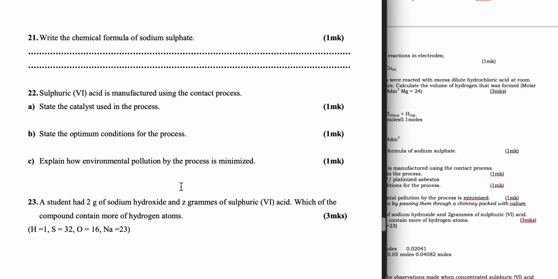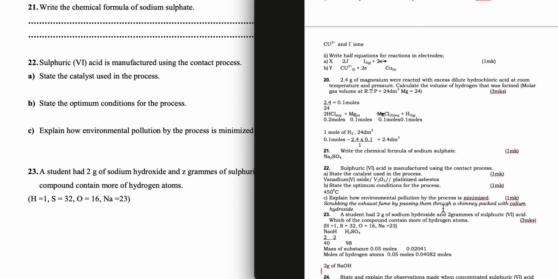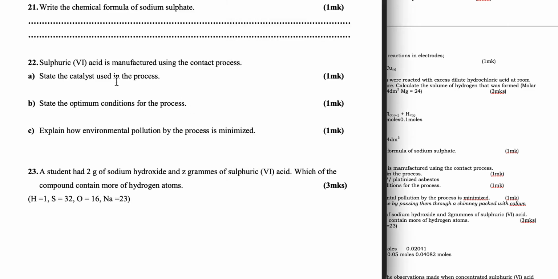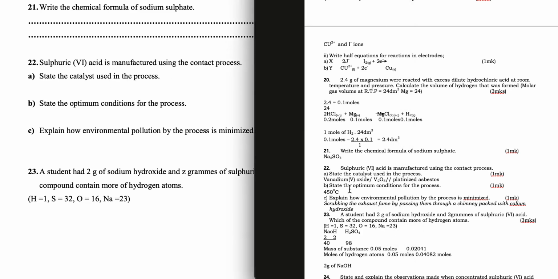Write the chemical formula of sodium sulfate. Sulfuric acid is manufactured using the contact process. State the catalyst used in the process. Vanadium 5 oxide, or you can say platinized asbestos.